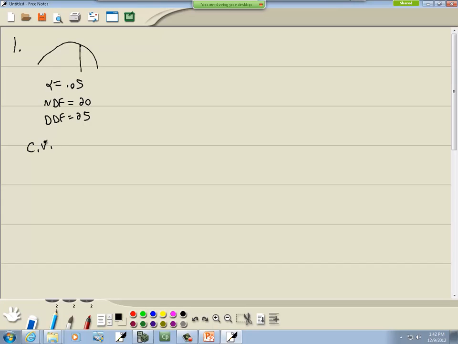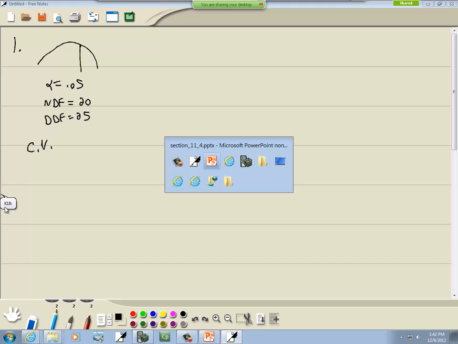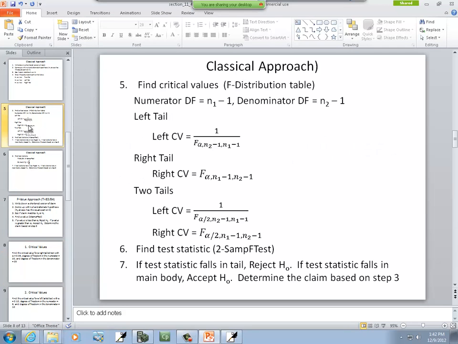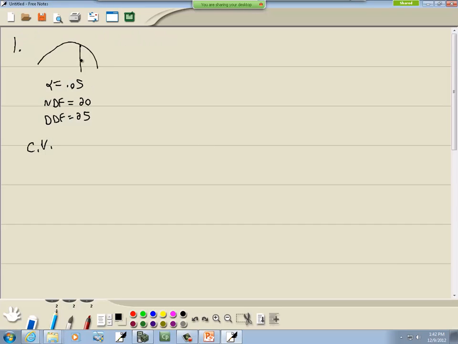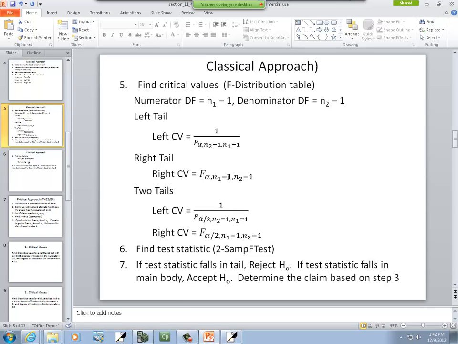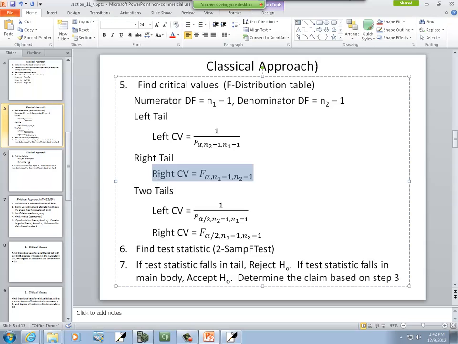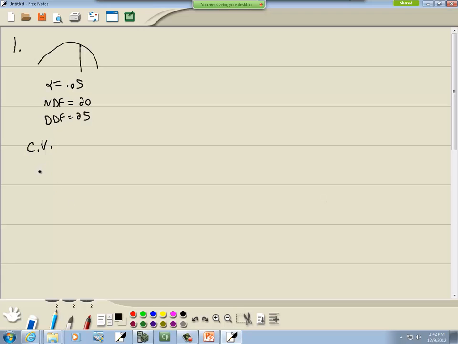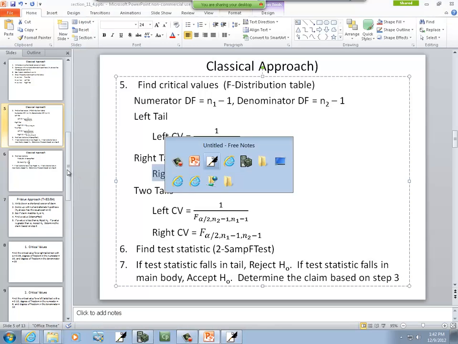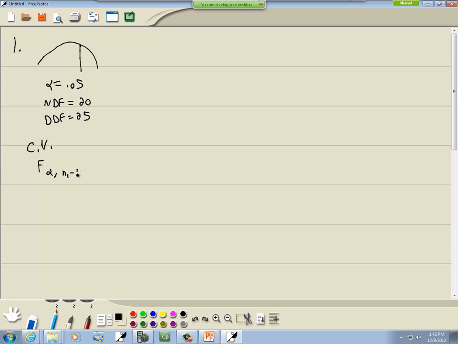Well, this is a little piece of the claim process. So let's skip up here to the part where we find the critical values. Now we've got a right tail, so we're going to use this right here. It says our right critical value is equal to, and I'll put this notation here, F alpha, and then n1 minus 1, and then n2 minus 1.